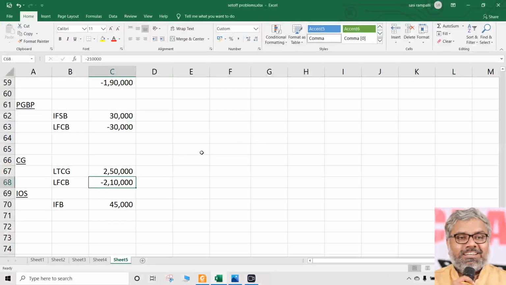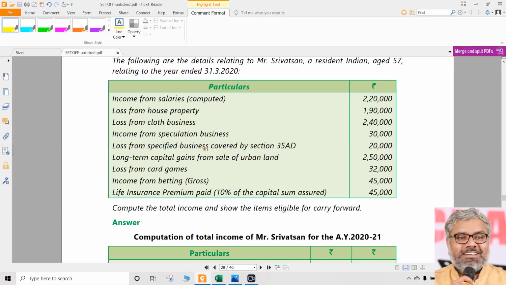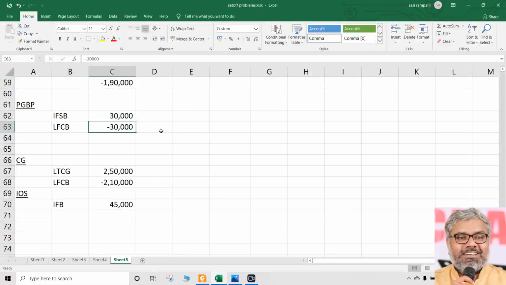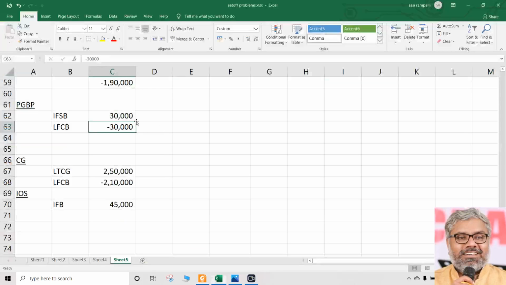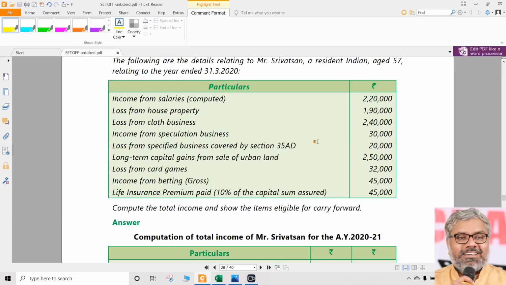Then income from speculative business, can it be used for setting off? Yes, of course. Again, the restriction is only on loss from speculation business, which cannot be set off against the income of normal business, but income from speculation business can be used for setting off loss from any business, like cloth business in this case. So this 30,000 we used is also correct.